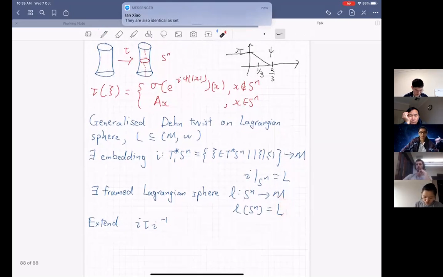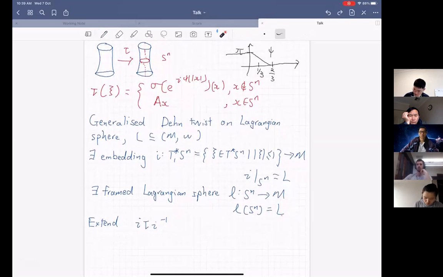back. Since this has to be a symplectic automorphism, you need to extend it all around the place. All around the place, you extend trivially over your symplectic manifold.